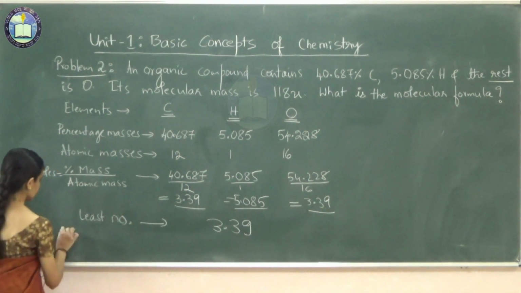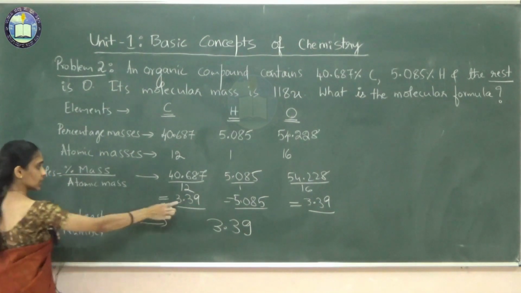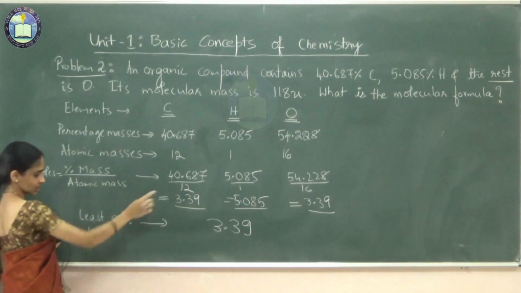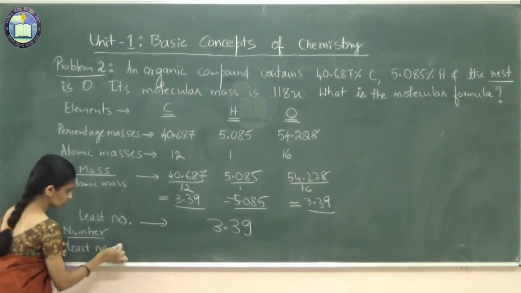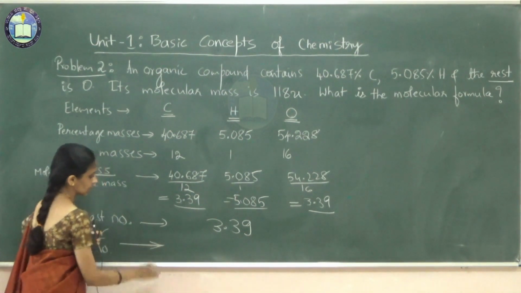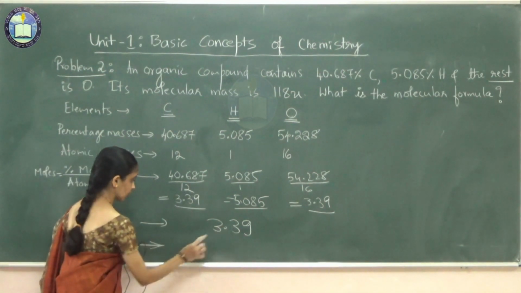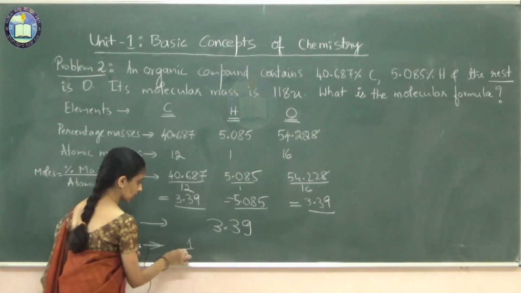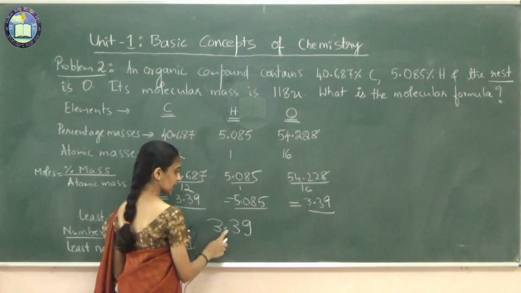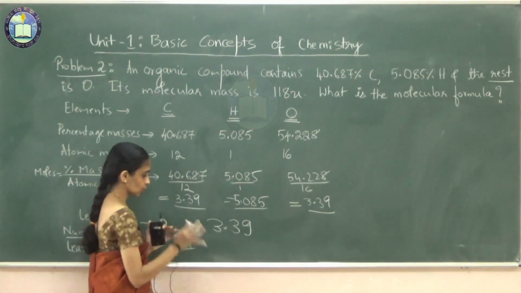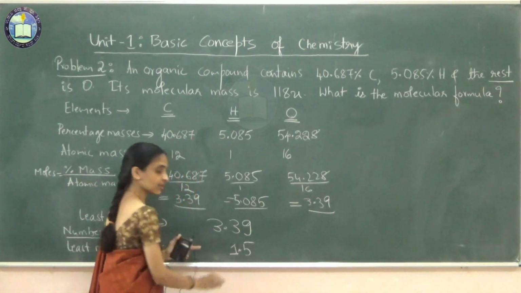Now, divide the number of moles by the least number. 3.39 by 3.39 will give you 1. 5.085 by 3.39, you can do using a calculator, you will get 1.5.